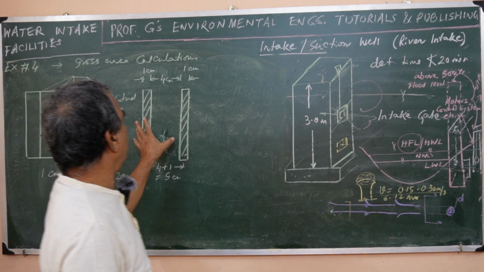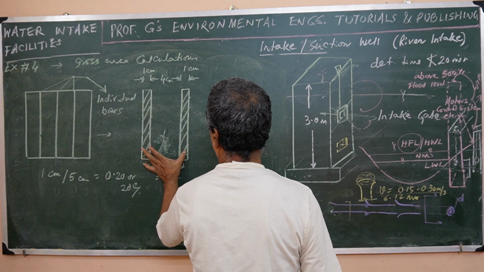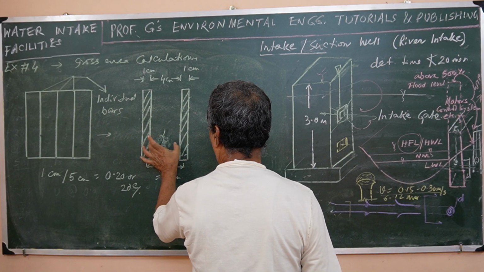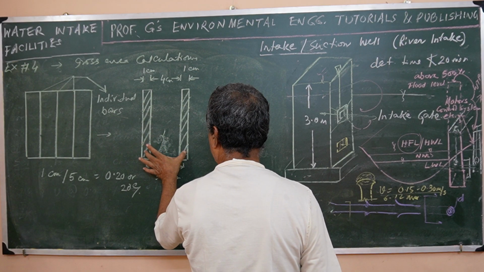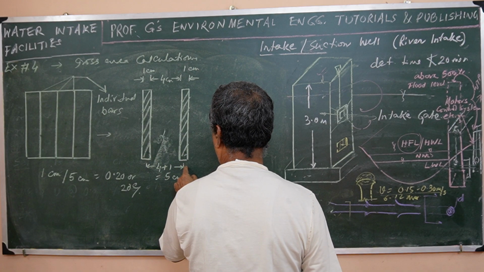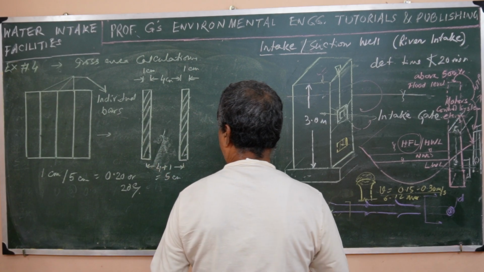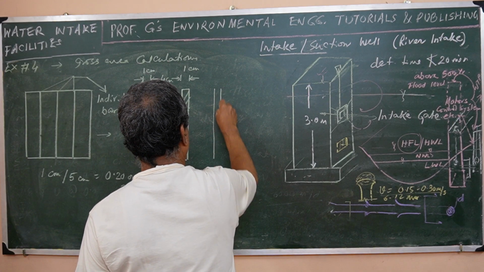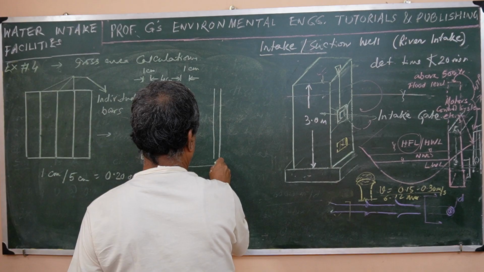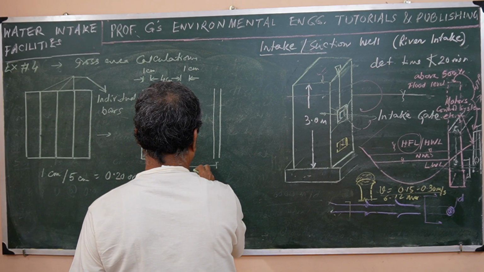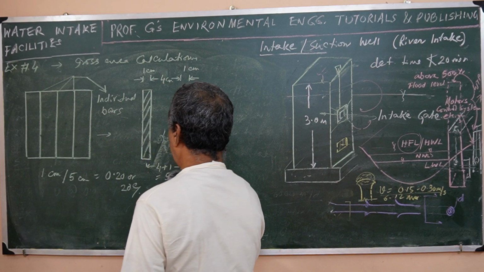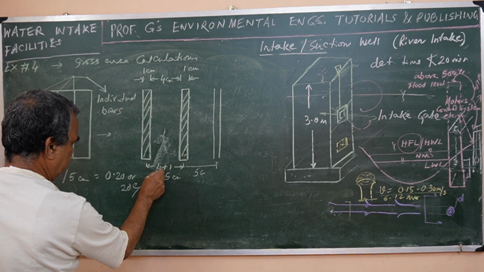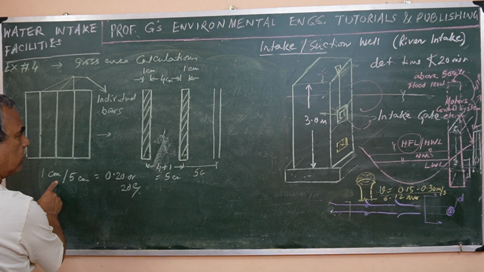What does it state? Out of the total gross area including bars, this is the opening area, including the bar width given. On an average, the next one will also be like that. From here to here, this will be another 5 centimeters. Out of this 5 centimeter, the bar occupies only this 1 centimeter.